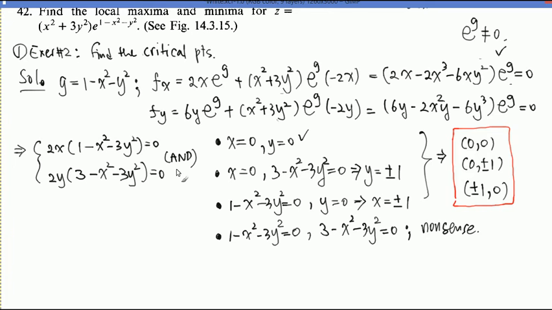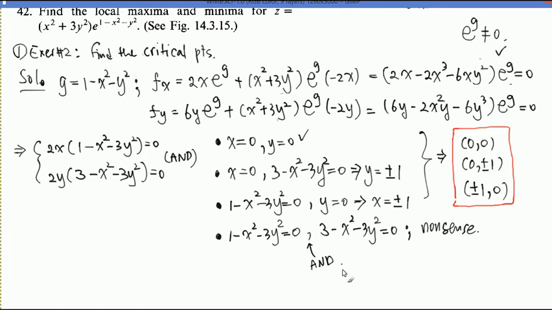Make sense? And if you work it out, you agree that the first three conditions give you valid numbers, and the last one is nonsense. This thing is sometimes 3 and sometimes 1. That never happens. So if you set this one to 0, that's not really giving us any critical points because of this AND condition. Should be AND. Okay.